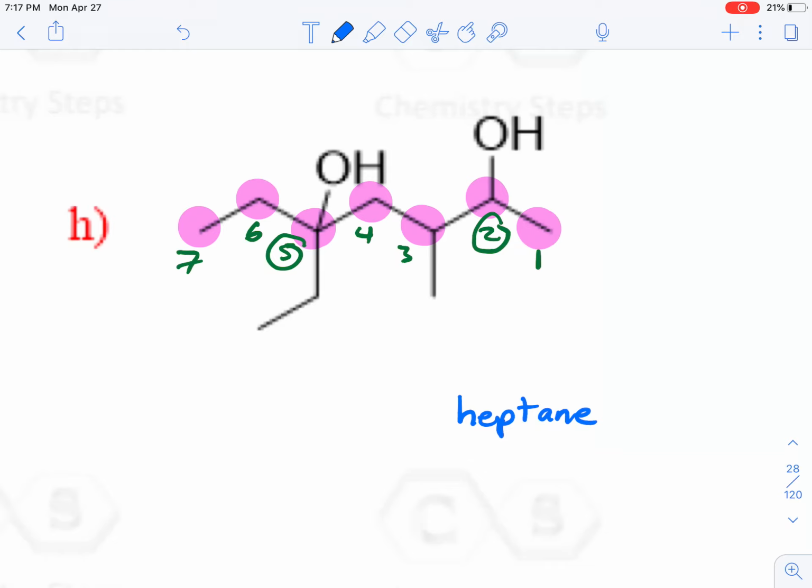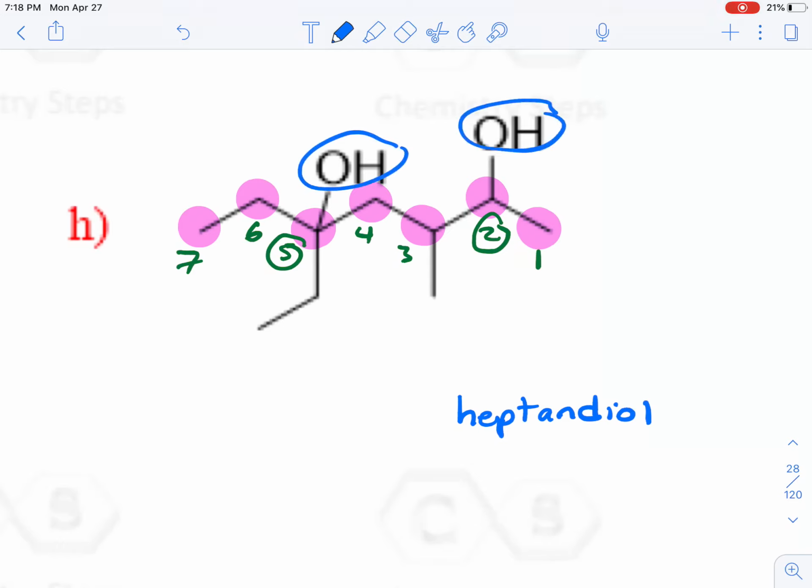Now, if you look, I have alcohols present. And so I'm going to erase the E, keep the N, erase the E, and put in ol. Heptanol. But since there's two alcohols, I need to erase the ol and say heptanediol. Right? So there are two alcohols.